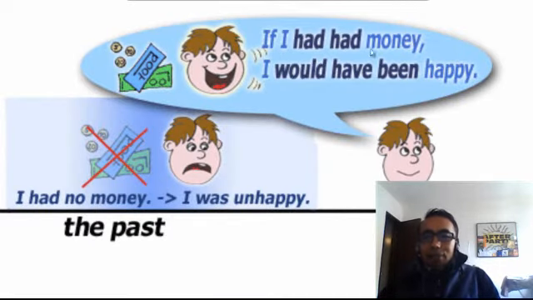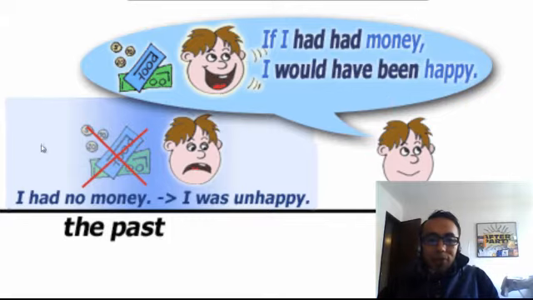If I had had money, I would have been happy. No? For example, when you were a little kid and you wanted to buy a bicycle, you say, if I had had money when I was 5 years old, I would have been happy.